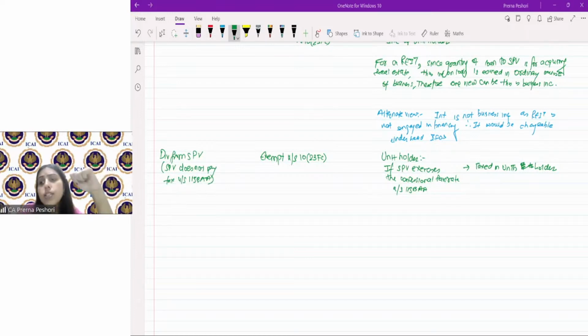So under 56, which is the charging section for the head income from other sources, in respect of interest on securities, it says if it is not chargeable under the head PGBP.